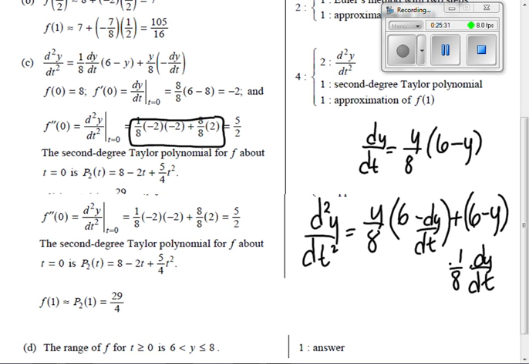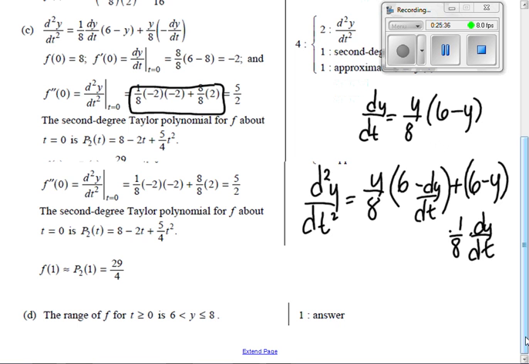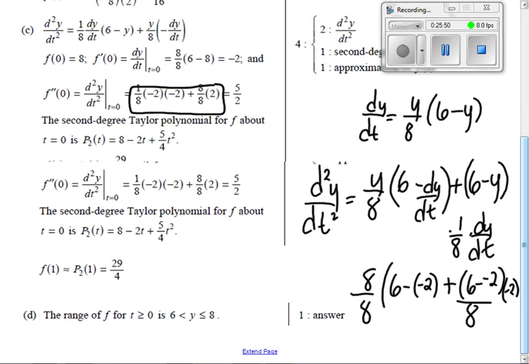And what was dy dt? We already knew that. It's negative 2, right? So this is 8 over 8. This is 6 minus a negative 2 plus 6 minus a negative 2 divided by 8 times negative 2. Did I do that right? 6 minus y, 8. Okay. And you could leave it like that.